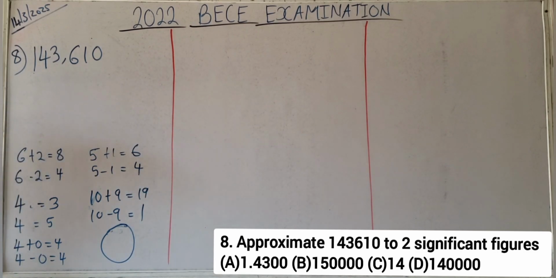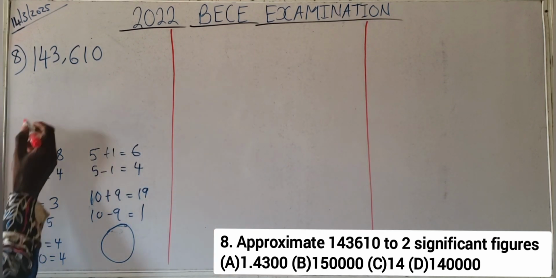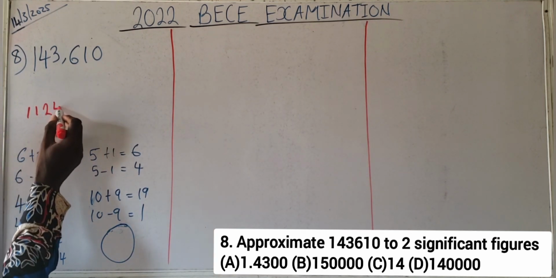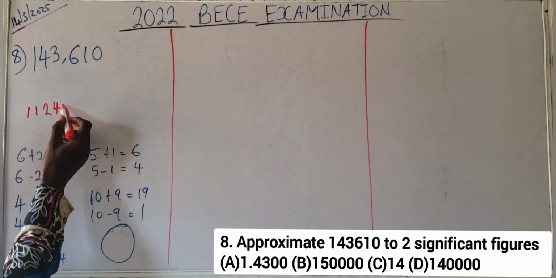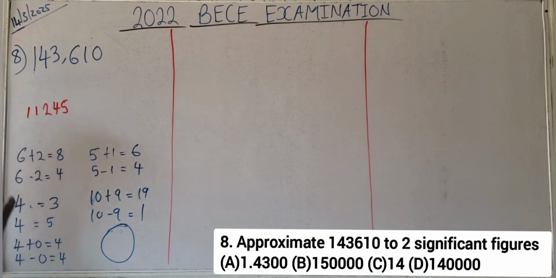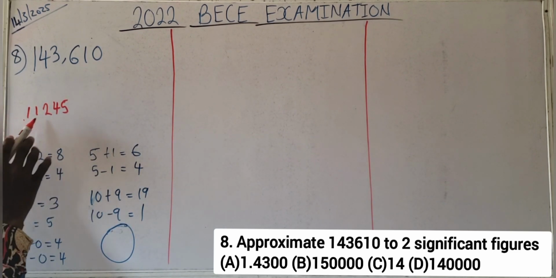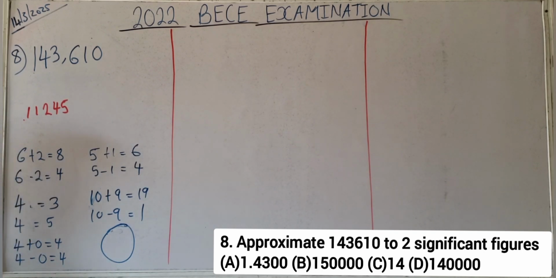Now let me introduce you to another concept. If you want to approximate a number, the number behind must be up to 5. You understand? For example, let's say we have 1, 1, 2, 4, 5. This number contains 5 significant figures. Now, we are asked to reduce this number to 4 significant figures. Are you there?